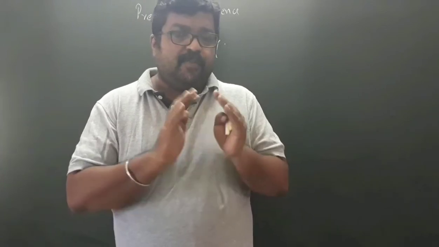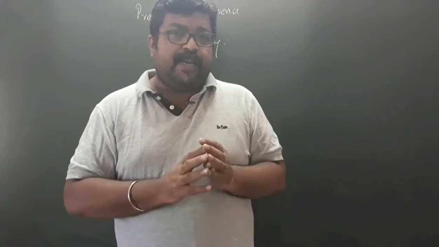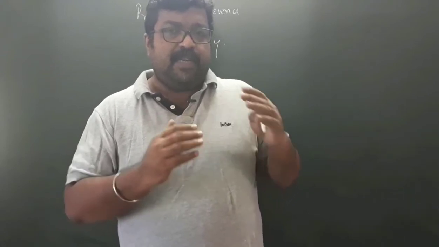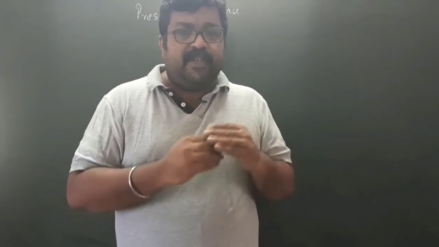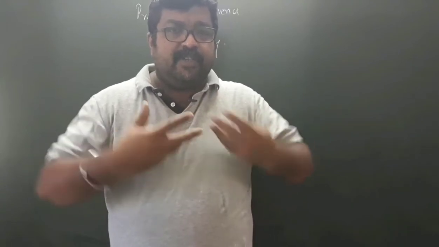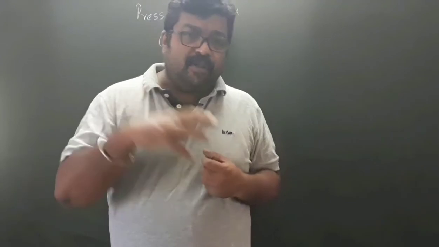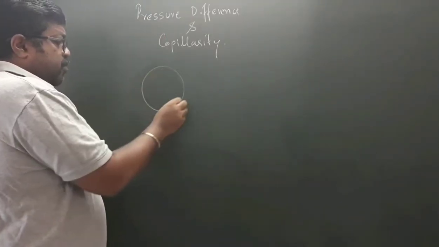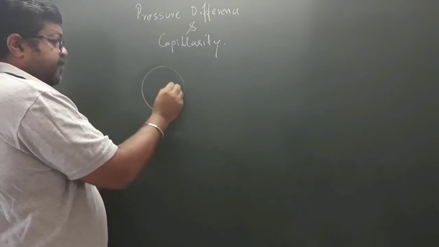Now suppose you have a liquid drop and its radius is increased from r to r plus delta r. That means some extra energy is spent on the drop. Suppose you have a liquid drop of radius r.